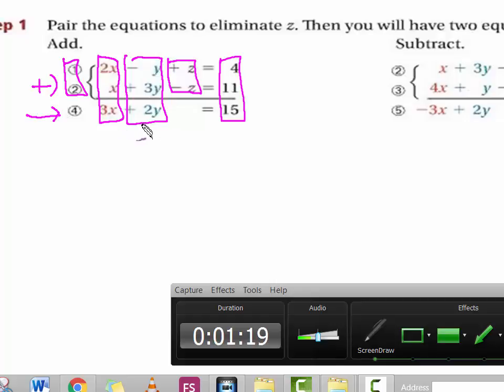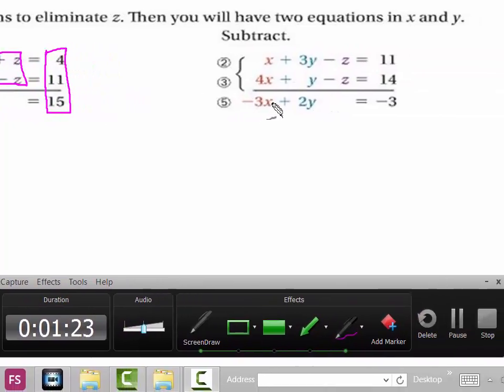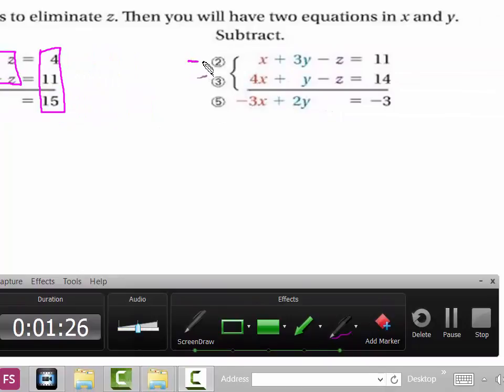Now in equation number 4, we have eliminated the z variable. Then we pair up the other 2 equations, 2 and 3. This time, because they have the same sign before z, instead of addition the operation I'm going to use is subtraction. So minus z minus z is going to be 0z.